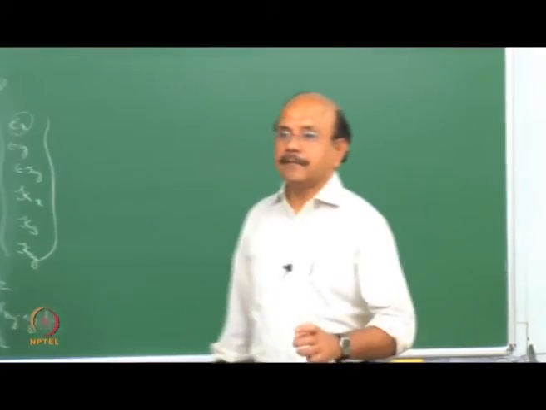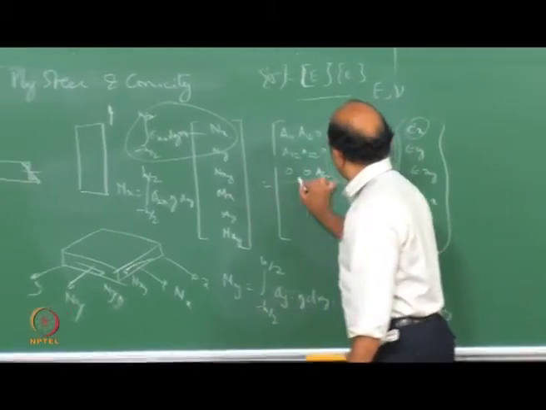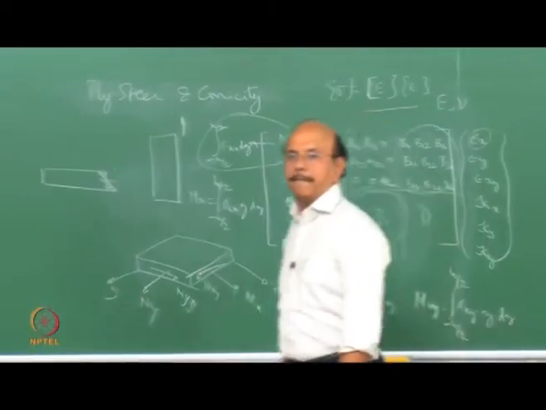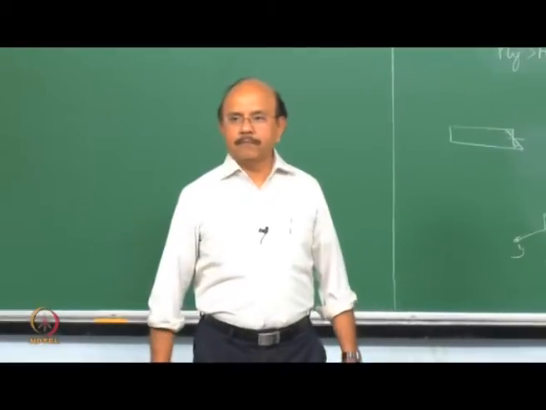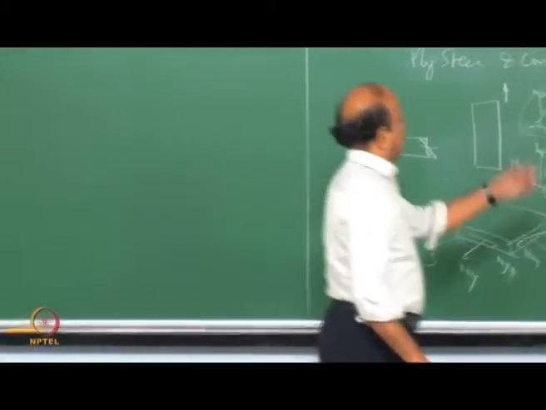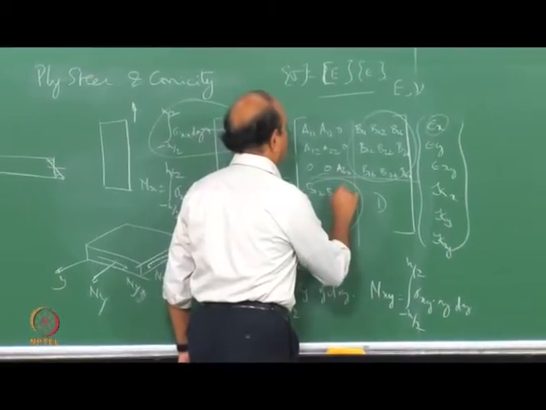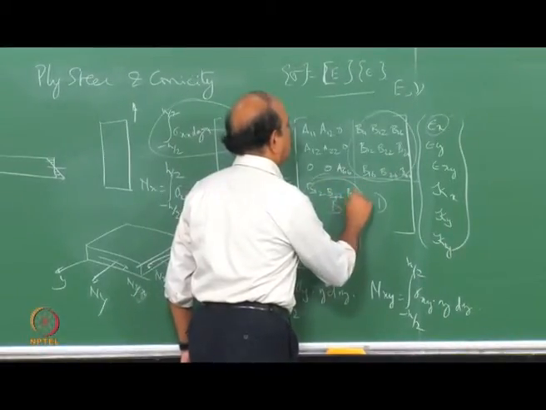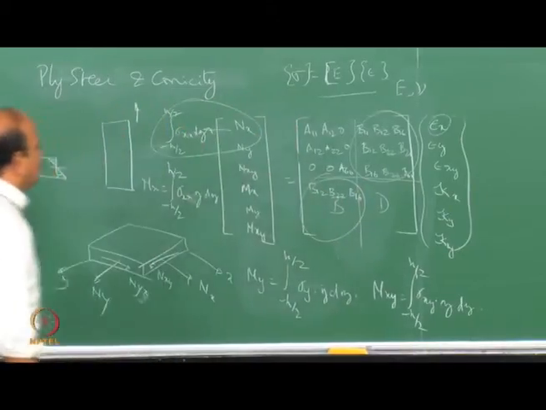Okay? But these coupling terms here give a different picture. So, for example, here I have B12, B22, B16, and so on.